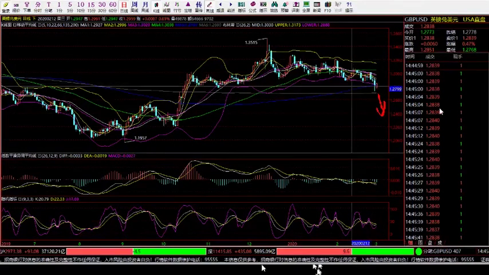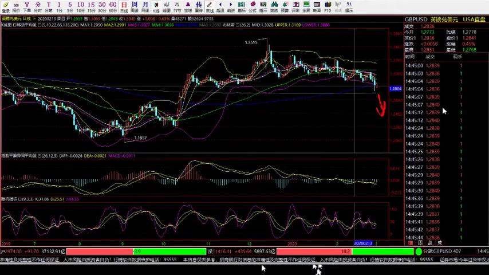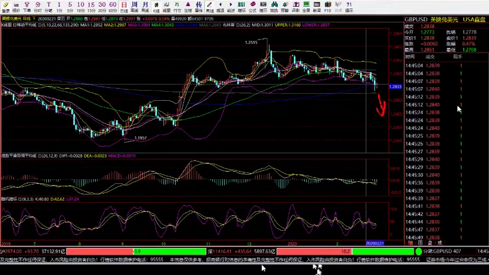The area around 1.29 and 1.28 will also be support. So when the price is in this area, it's the best chance to buy.